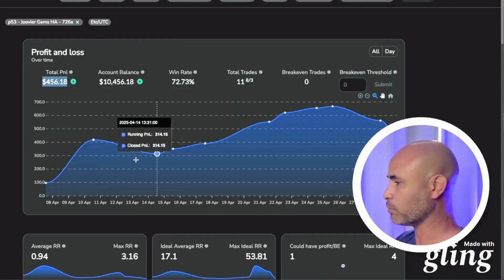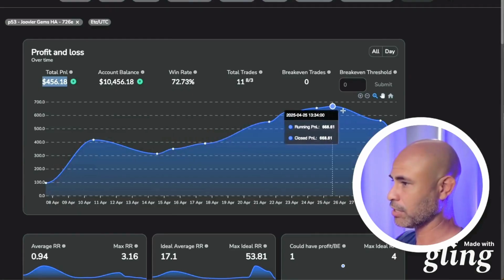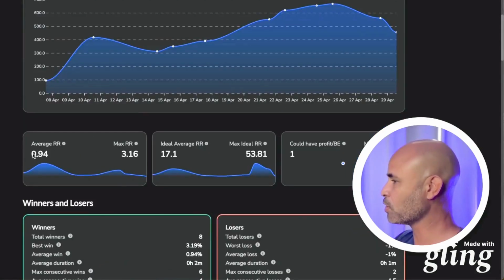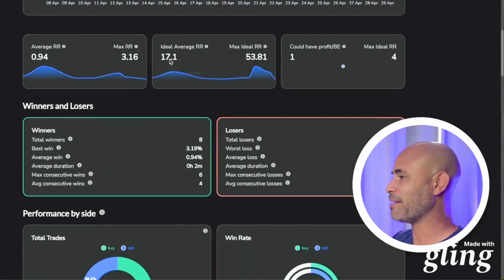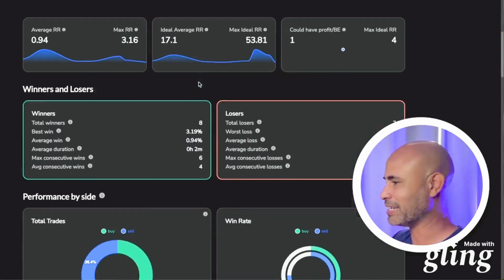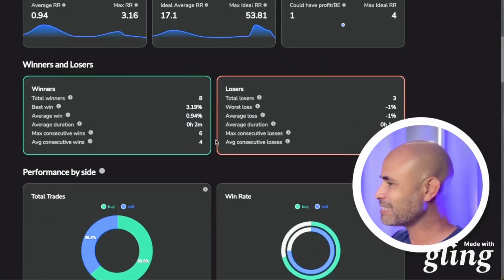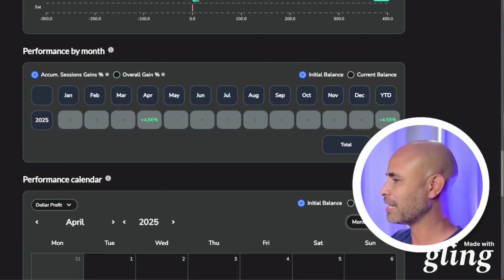Here it shows how we were winning and losing on the day. My average risk to reward was about 1%, just under 1%. Not terrible. This ideal average 17-to-1, I don't know how real that is. Either which way, max consecutive wins, 6 consecutive wins, 2 consecutive losses. And I like to check this out.